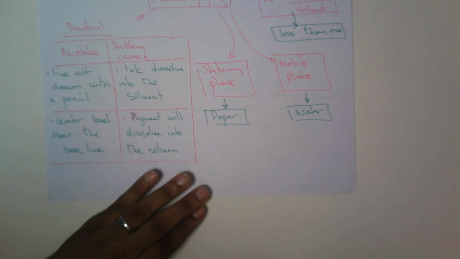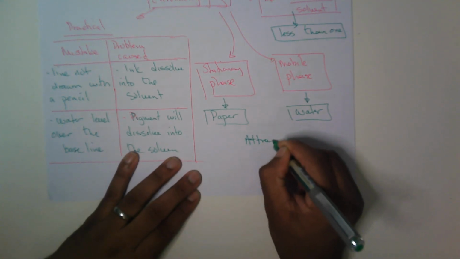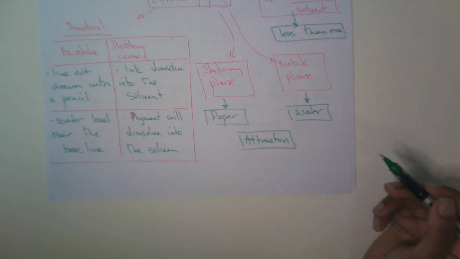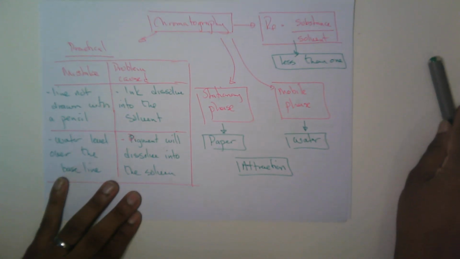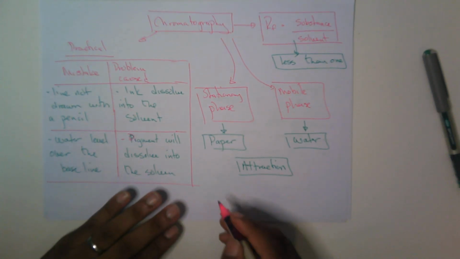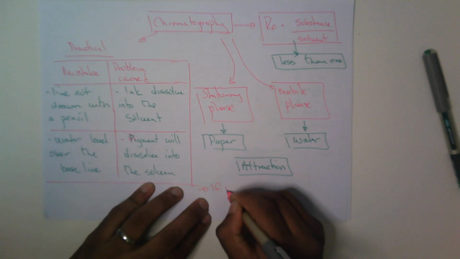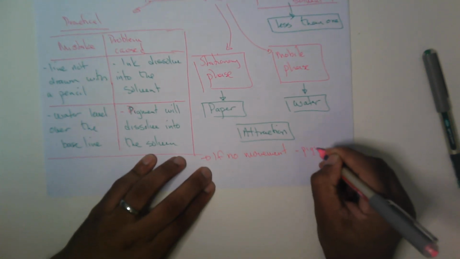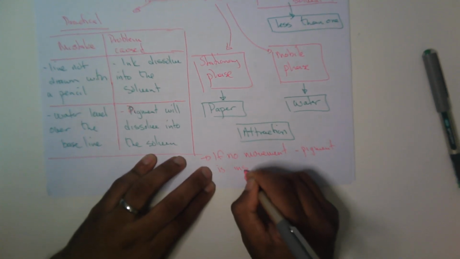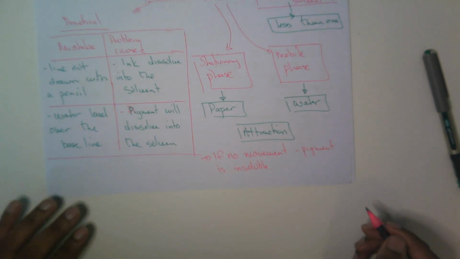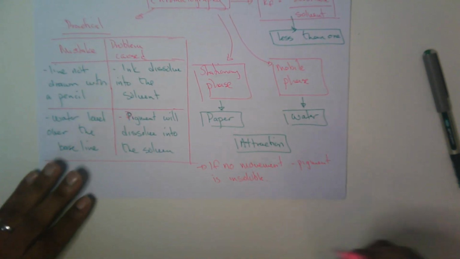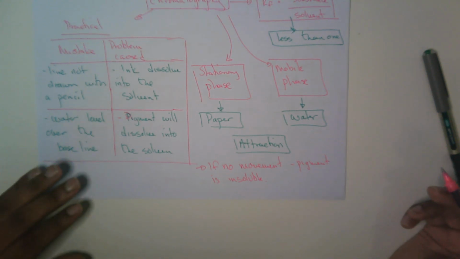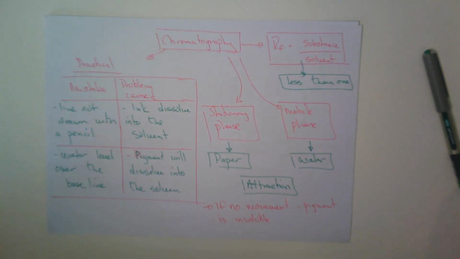So that's the difference in attraction that you need to talk about with regards to how far the pigment will move up. If the pigment doesn't move up at all, that means that the pigment is insoluble. So if no movement, pigment is insoluble. Now, a remedy for that is you find a solvent that the pigment dissolves in, and then it will move up the paper, so you need to change the solvent in that sense. So that's the chromatography section.